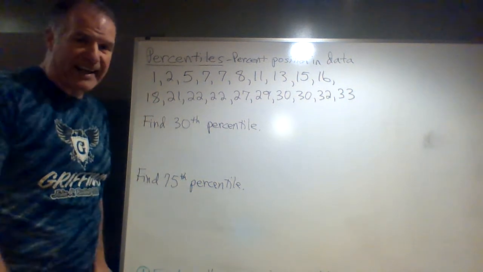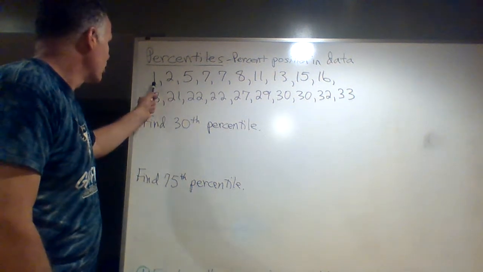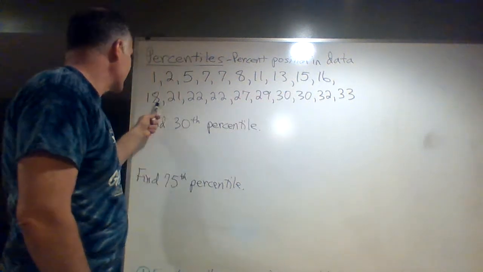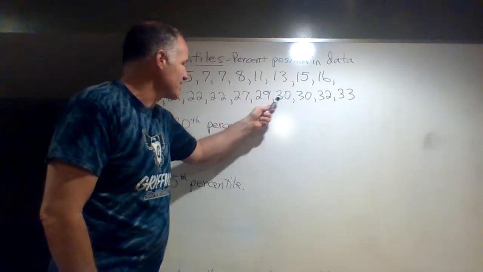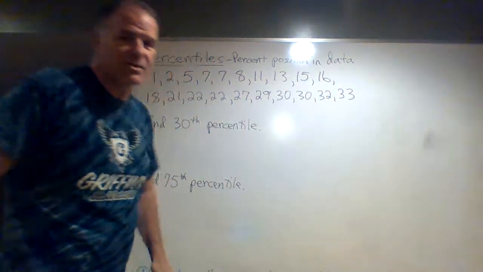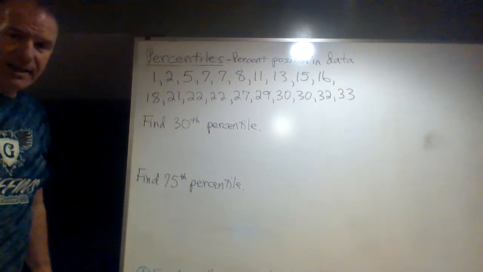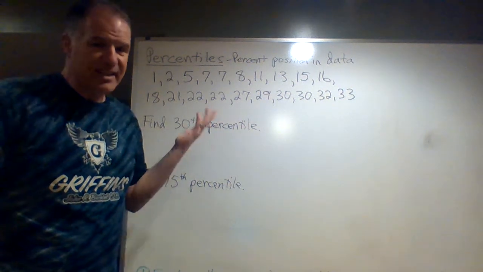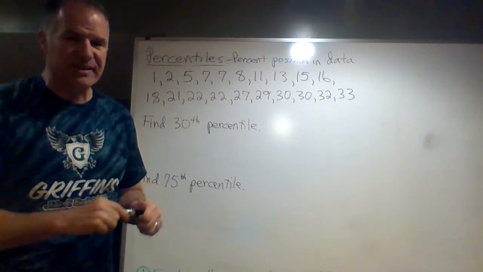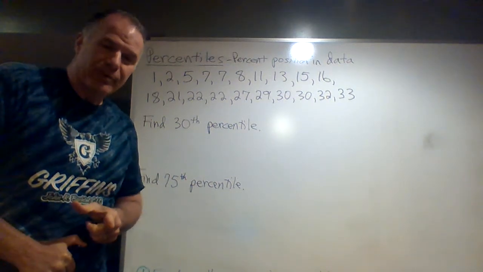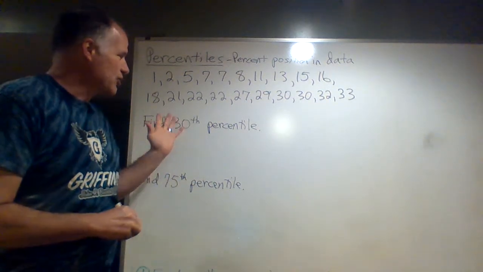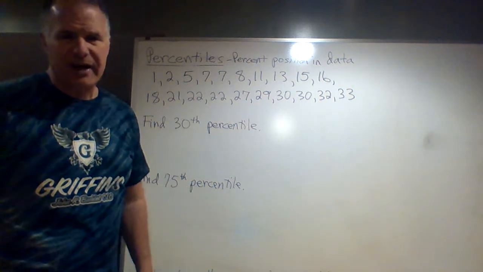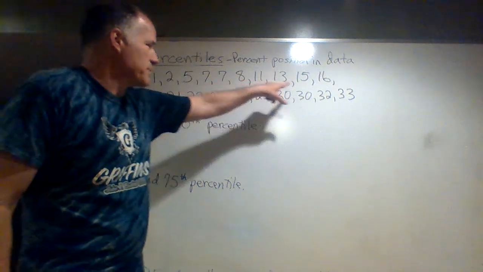Now, again, we want to count. 1, 2, 3, 4, 5, 6, 7, 8, 9, 10, 11, 12, 13, 14, 15, 16, 17, 18, 19, 20. So I'm giving you 20 pieces of data this time. The first one, we had 15 pieces of data. You can have any number of pieces of data. The only problem is that I couldn't give you a set of data and then ask you to find the 30th percentile and it's some decimal, like 7.5, because remember, we're going to find the positions.